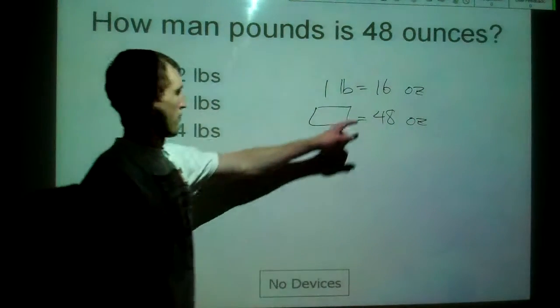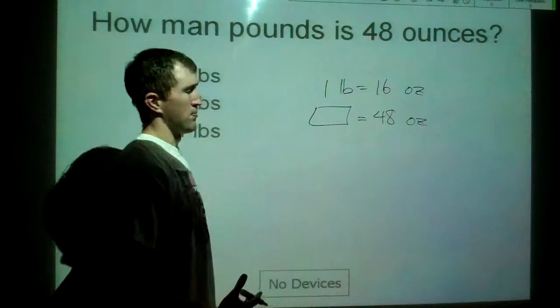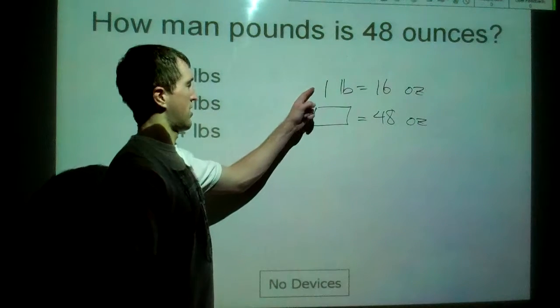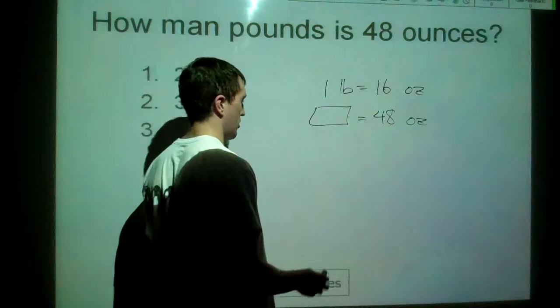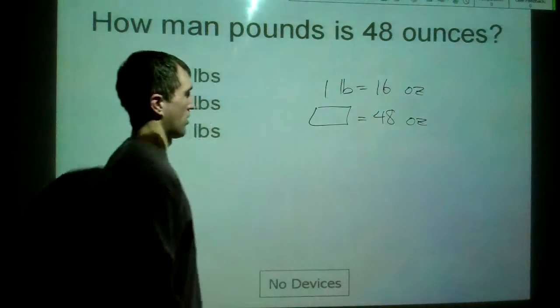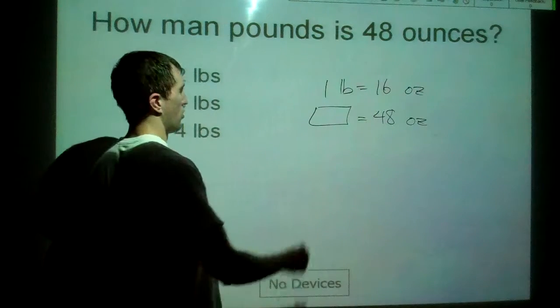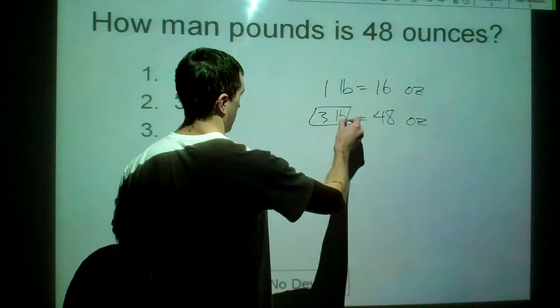So to get from 16 to 48, we have to figure out how we got there, and then apply that same rule to 1, and we should get what's in our missing box here. So 48 divided by 16 is actually 3. So if we do 1 times 3, we should get 3 pounds.